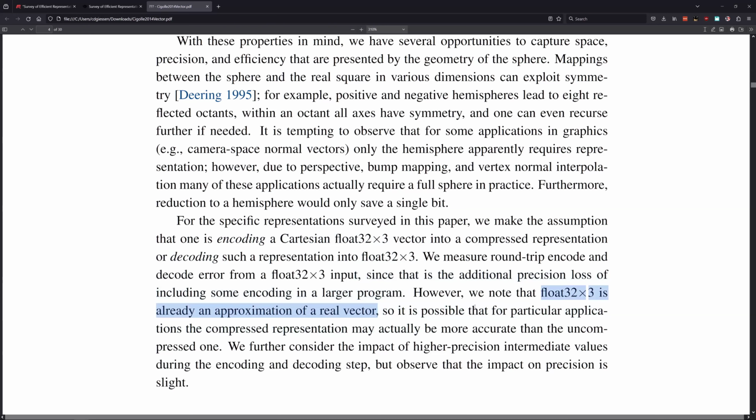I mean, that's always a fun trip when you realize a float 32 is actually just an approximation of a number to begin with. A decent approximation, but still an approximation nonetheless. Yeah, a float is not a real number. It's a subset of rational numbers. The other way I've heard it described is that every floating point number is actually a range of values.